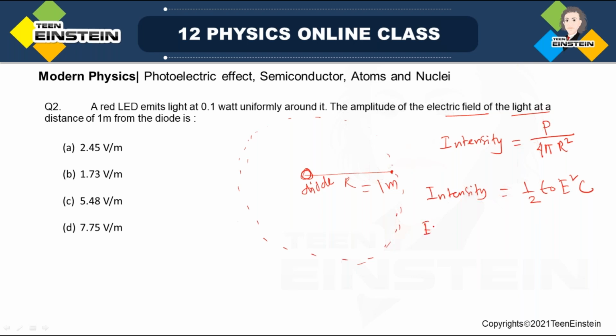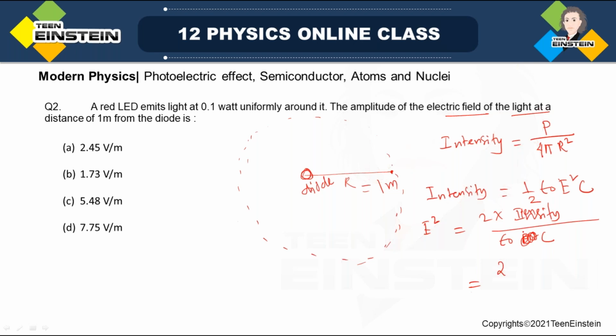So from here we can write E square is equal to 2 into intensity divided by epsilon 0 c. Sorry, E square was taken on the left-hand side.